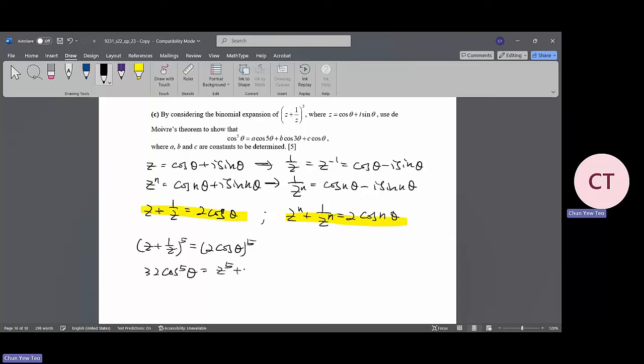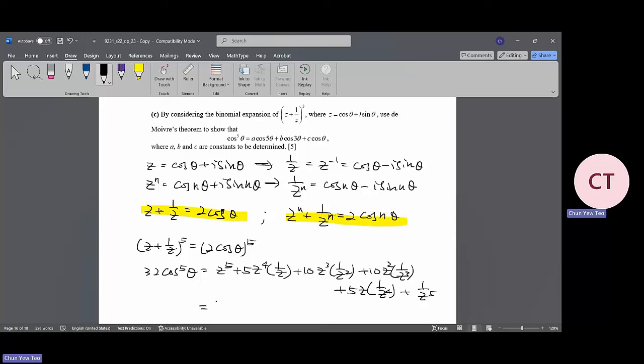I get z to the power 5 plus 5 z to the power 4 times 1 over z, plus 10 z cubed times 1 over z squared, plus 10 z squared times 1 over z cubed, plus 5 z times 1 over z to the power 4, plus 1 over z to the power 5.